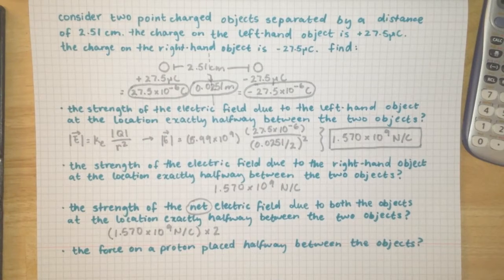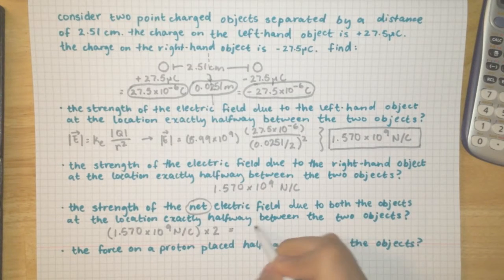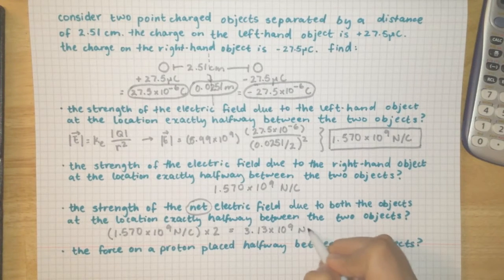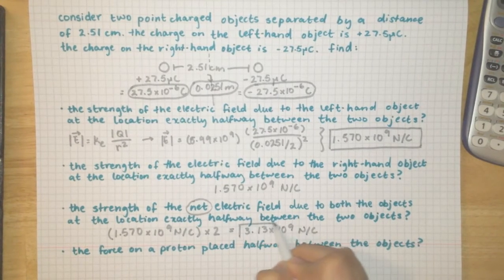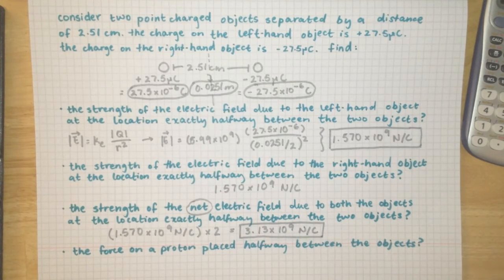It's the same as adding both of them, and we get 3.13 times 10 to the ninth newtons per coulomb as the net strength of the electric field at the halfway point.